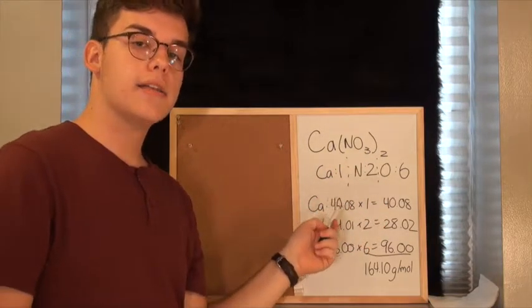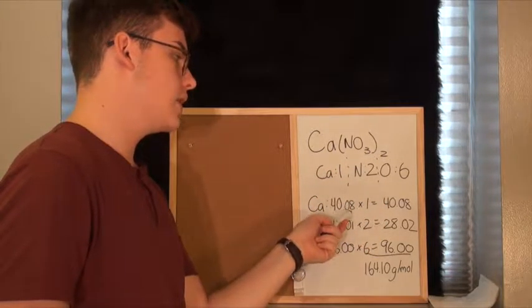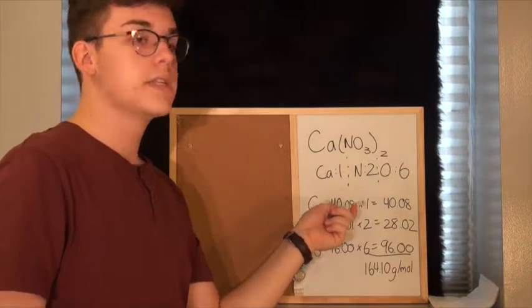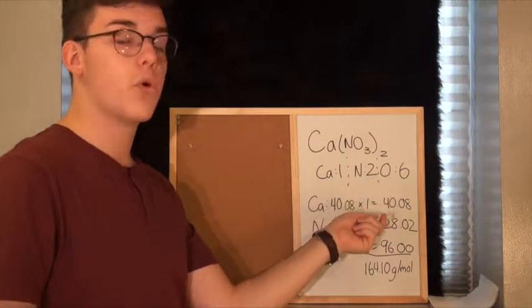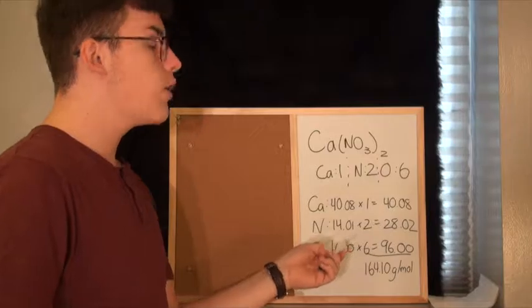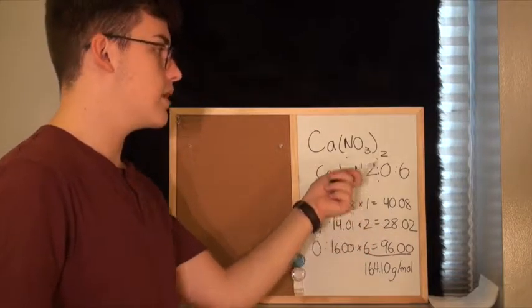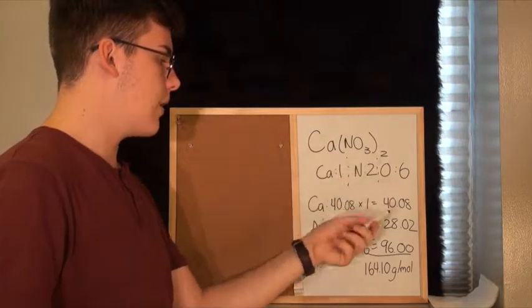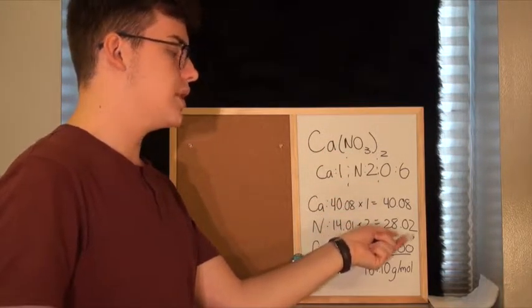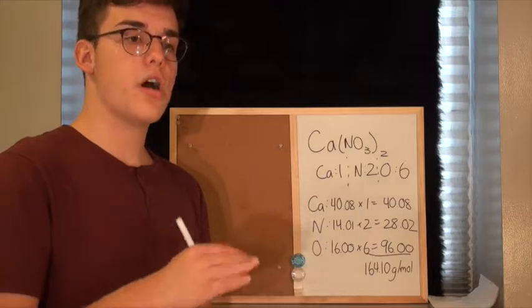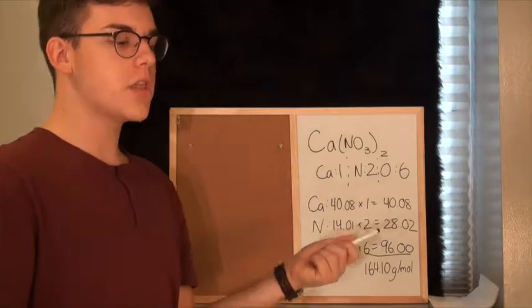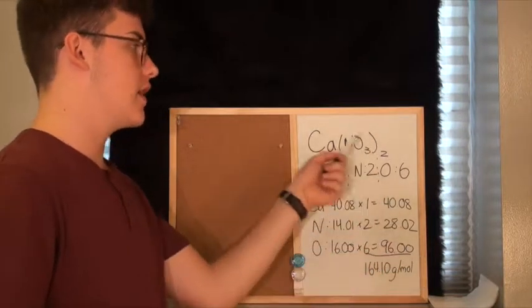For example, calcium, you multiply 40.08 grams per mole times 1 mole gives you 40.08 grams. Likewise, for nitrogen, you do 14.01 times 2, because there are 2 atoms in one compound, equal to 28.02. So you do this for all the elements present in the compound. So the sum gives you the entire molar mass of the entire compound.